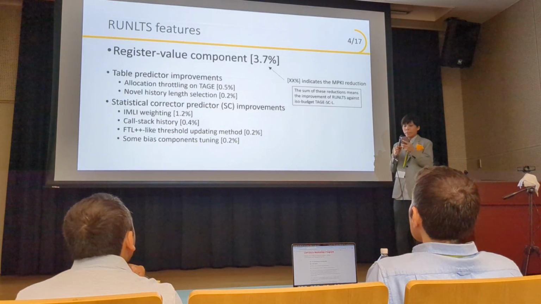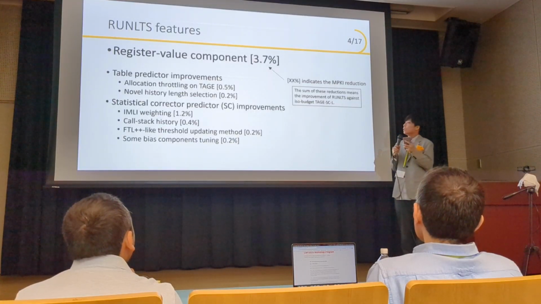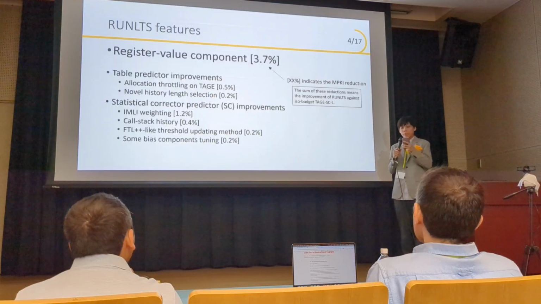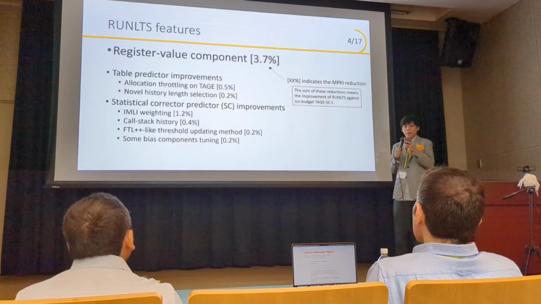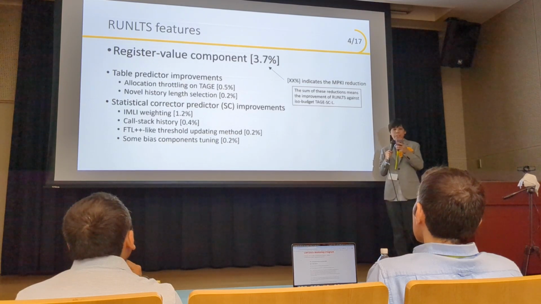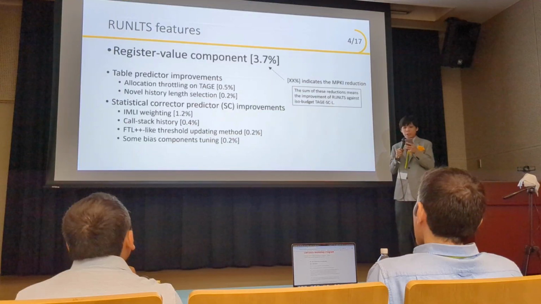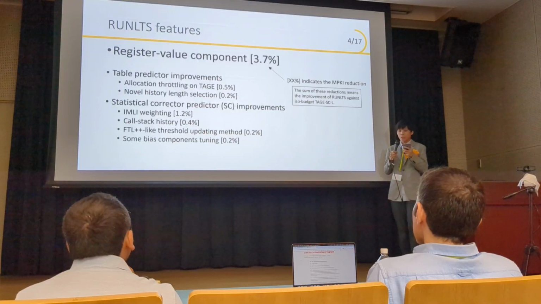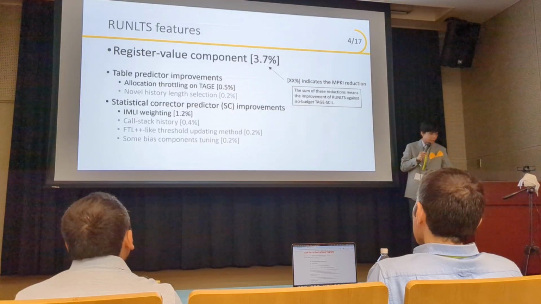Register value components give a 3.7% empirical reduction. Dynamic allocation throttling for TAGE gives 0.5%. Improved IMLI weighting brings another 1.2%. Several other smaller tweaks deliver a modest extra gain. I will talk about these three ideas.